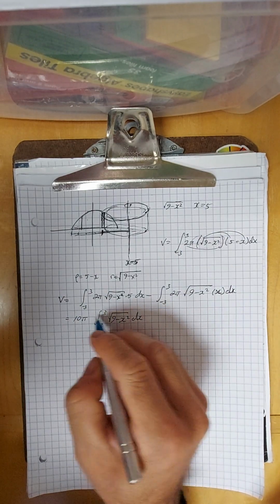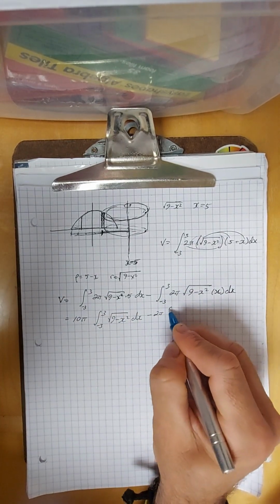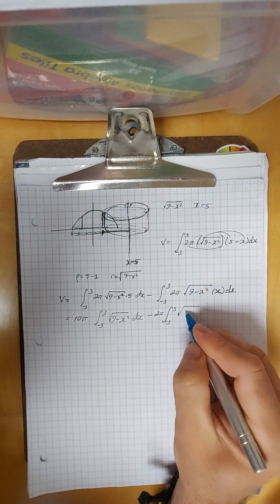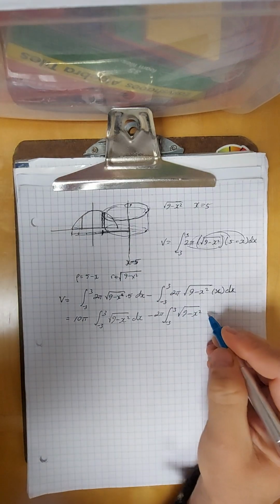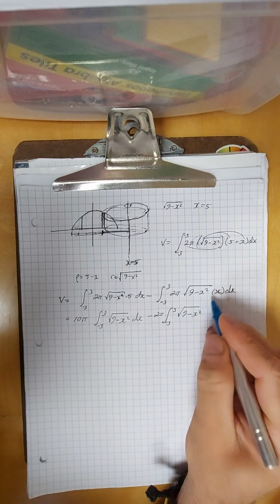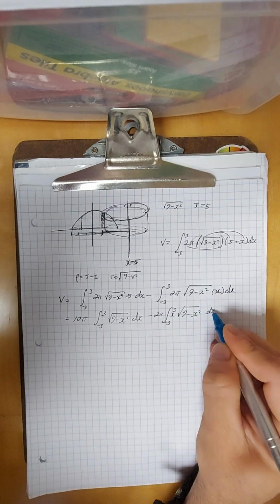And then I'll do the same thing here: 2 pi, the integral from -3 to 3 of the square root of 9 minus x squared, and then I have an x floating out in front here, dx.